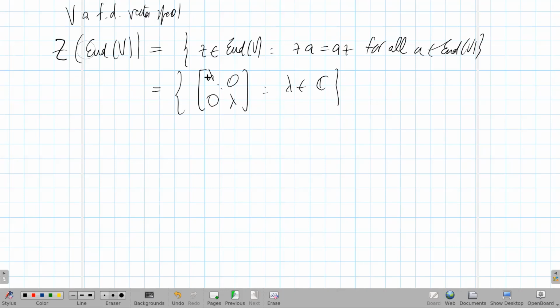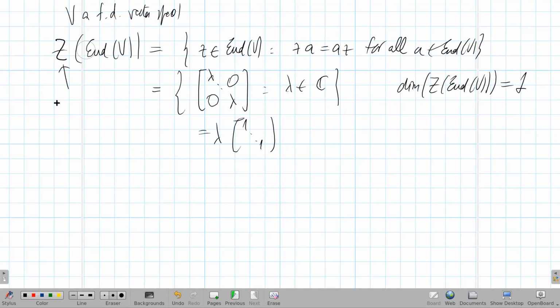Sorry, I said diagonal, but I meant scalar matrices: diagonal matrices with the same value on the diagonal. And of course the dimension of this over C is 1, because this is nothing else than lambda times the identity matrix. So visibly a vector space of dimension 1.